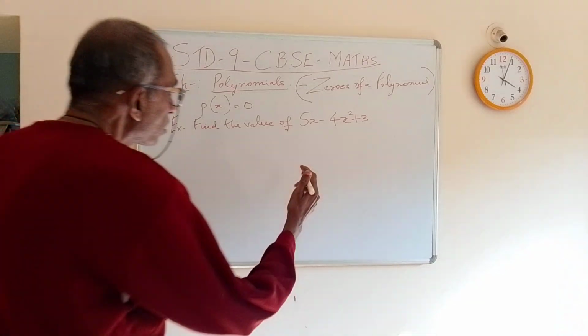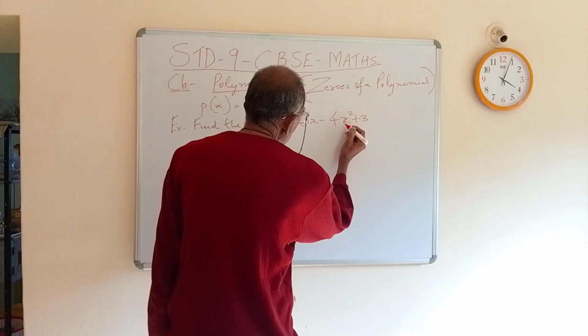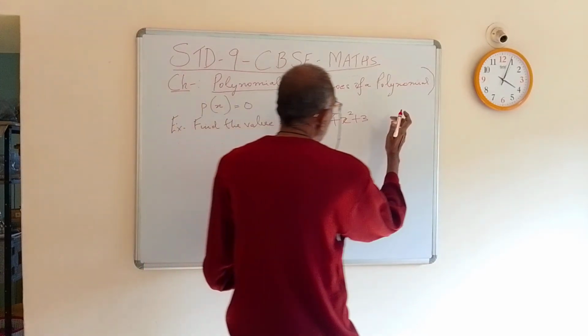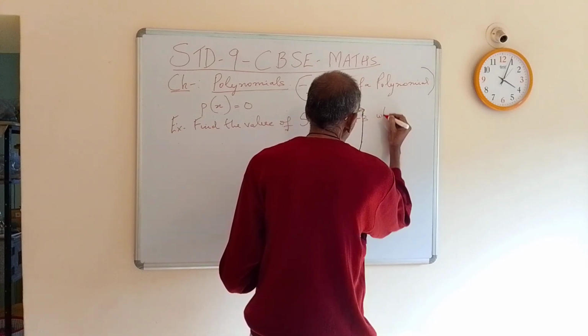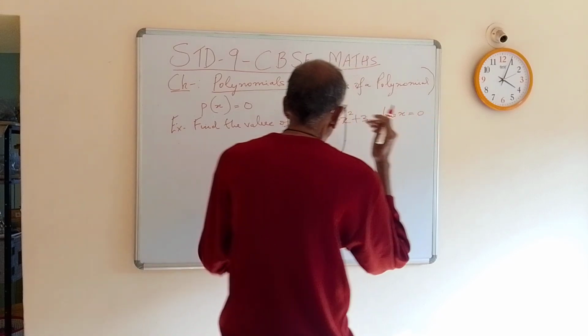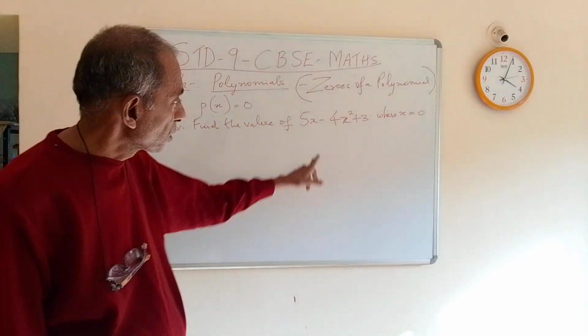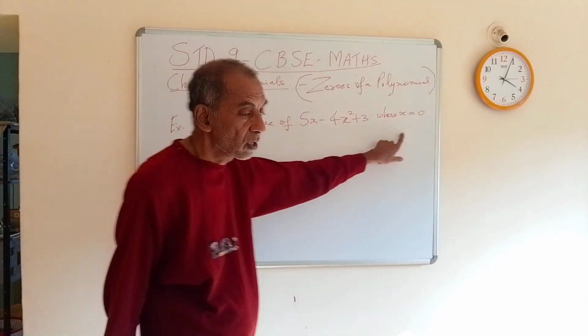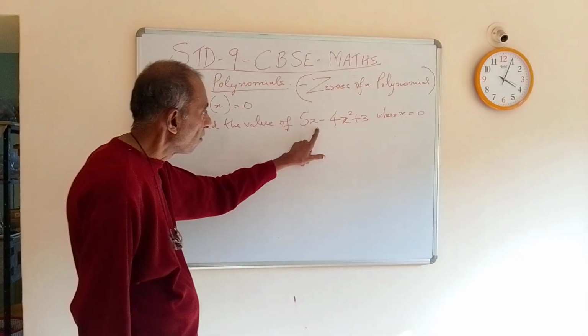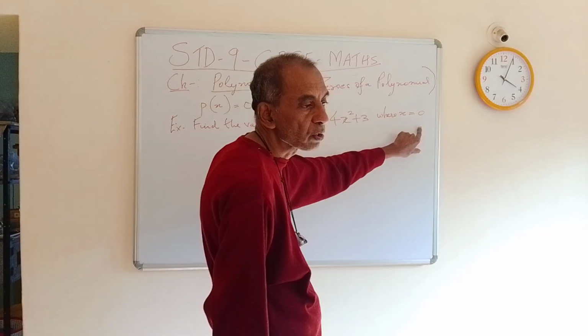So we have to find out the value of this expression wherein we are taking the value of x to be 0. We are substituting the value of x here as 0 and we have to find the value of this expression when x is equal to 0.